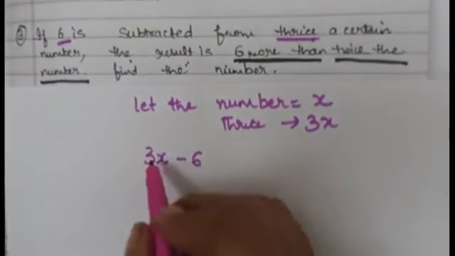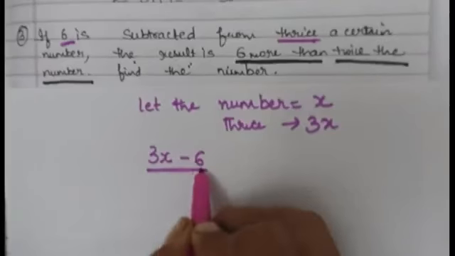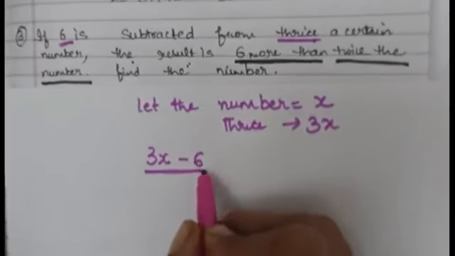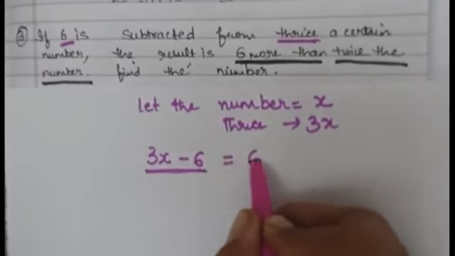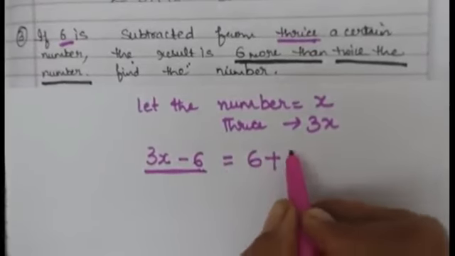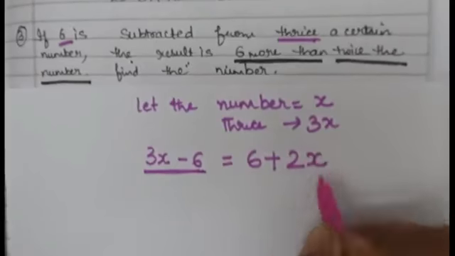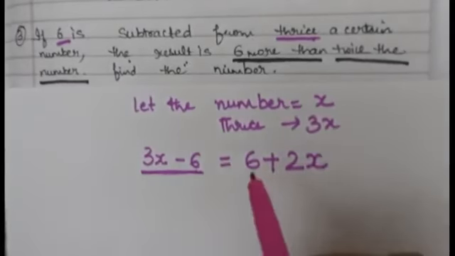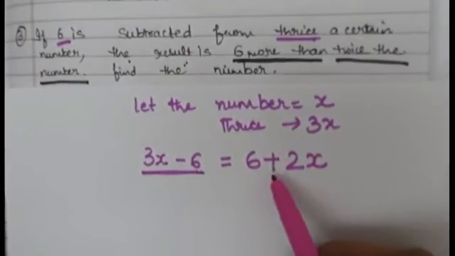Now they are saying the result, this is the result. The result is 6 more than twice the number. 6 more means 6 plus, twice means 2 times.